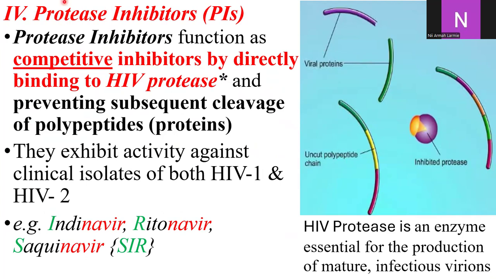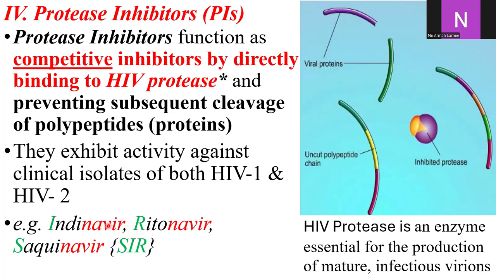So we can also inhibit the enzyme protease. So protease inhibitors are drugs that inhibit the enzyme protease, and in doing so, prevent the assembling of the HIV viral proteins. These have been used for both HIV-1 and HIV-2 infections.